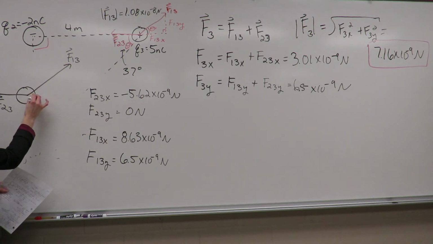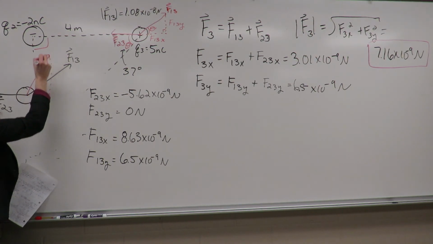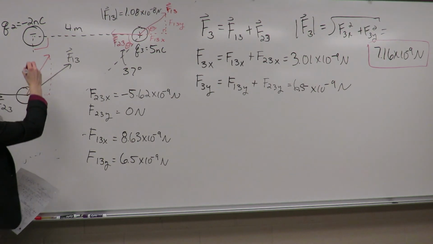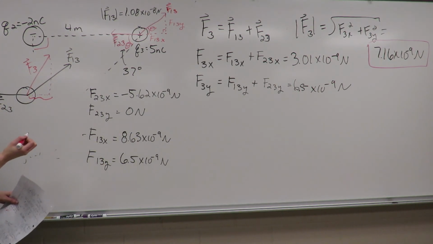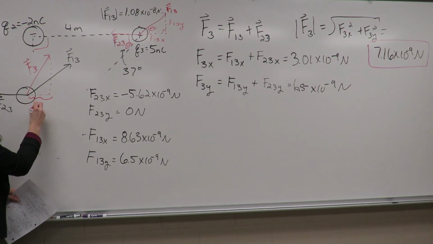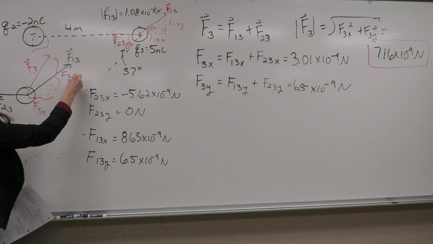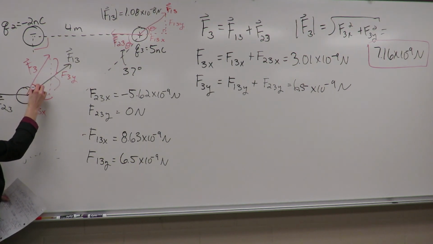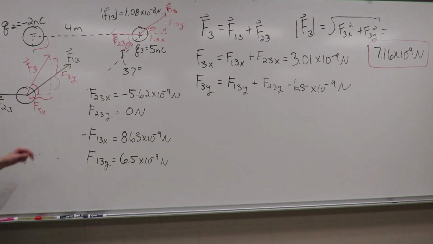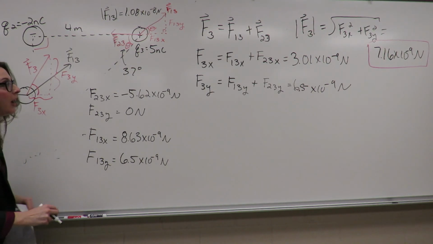So if I draw what that looks like, maybe it's going to sit somewhere right in here. So we'll call that F3. Okay? It's got one leg that has a length of F3x, and one leg here that's F3y. So we know those components. We can get this angle right here, the angle at which my vector F3 is from the positive x-axis.